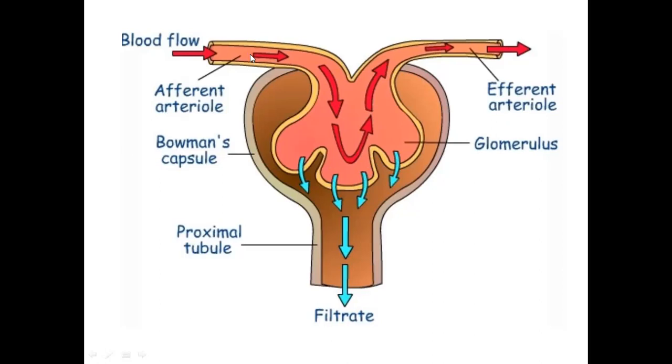We can see in this diagram that the sizes of the afferent and efferent arterioles are different. The afferent arteriole is larger in size and the efferent is smaller. This anatomical feature of the corpuscle generates a pressure due to which the filtration takes place.